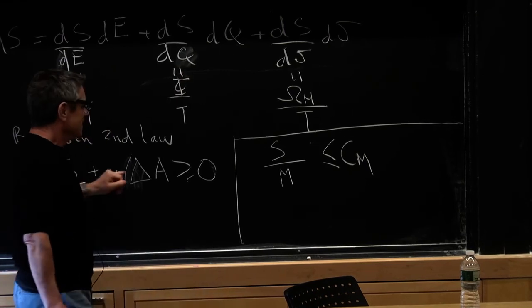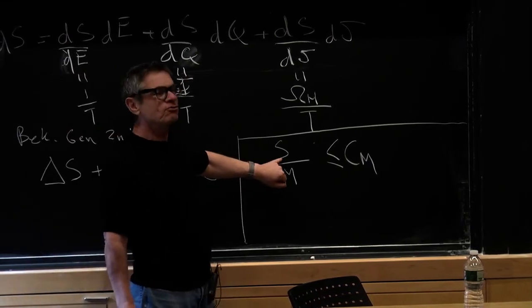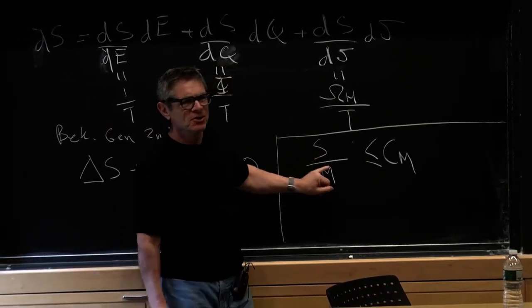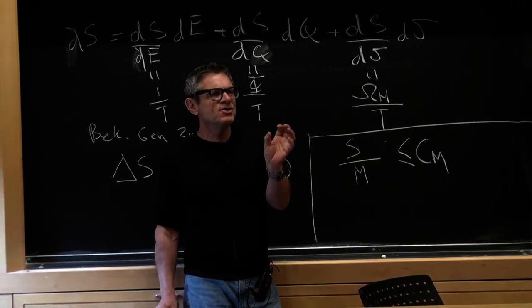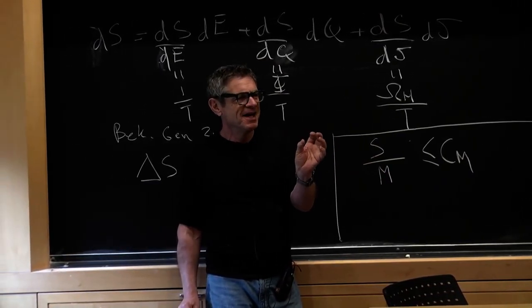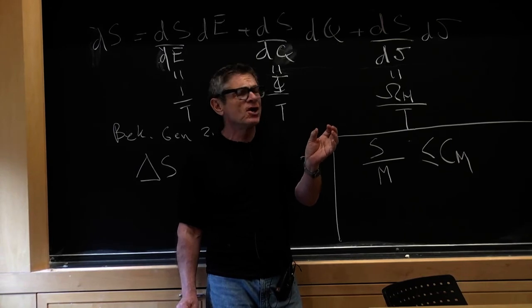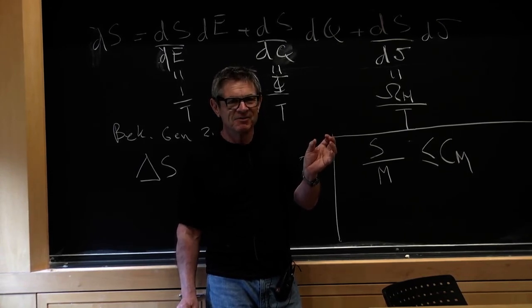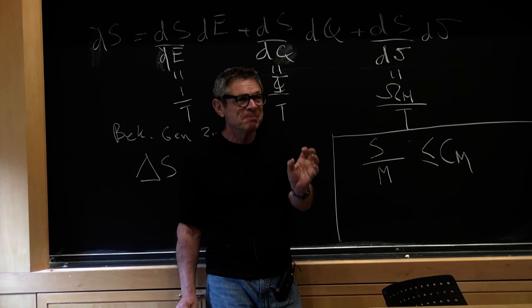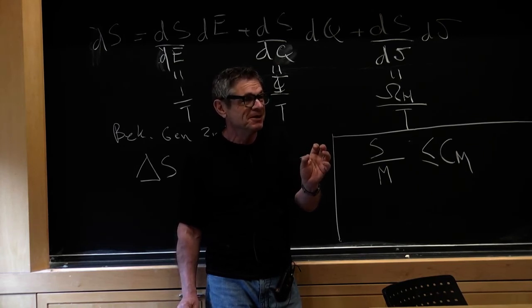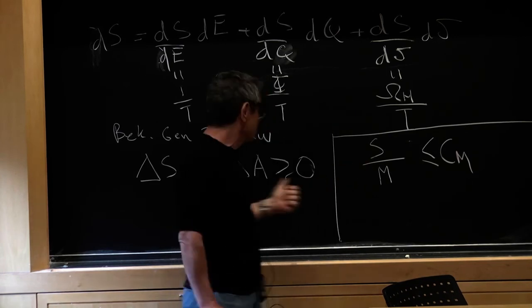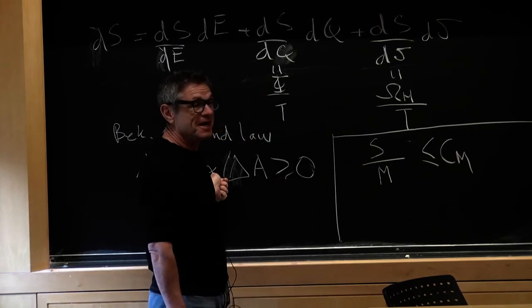Well, if it weren't true, if you could keep the energy fixed and make the entropy arbitrarily large, clearly you could pack enough entropy into your coffee cup so that you would violate the generalized second law for any constant alpha.